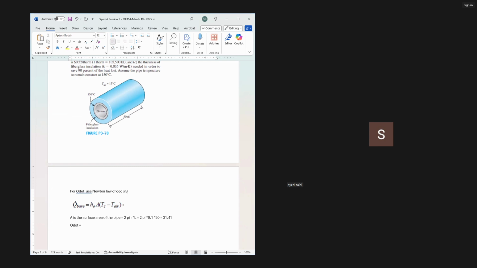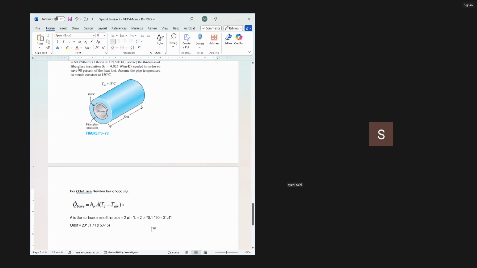So Q dot will be equal to h, which is 20, multiplied by the surface area, 31.41, multiplied by the bracket of T surface minus T air. We keep the surface temperature at 150, minus 15 degrees centigrade, since it is open to air.